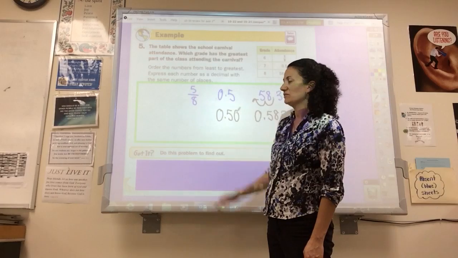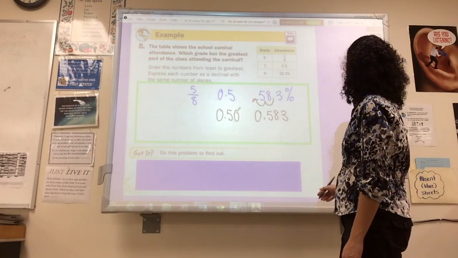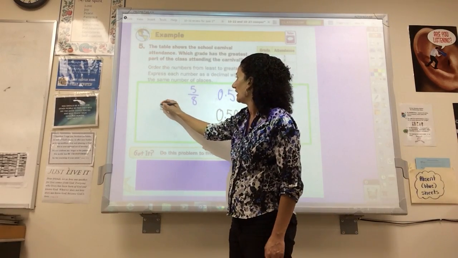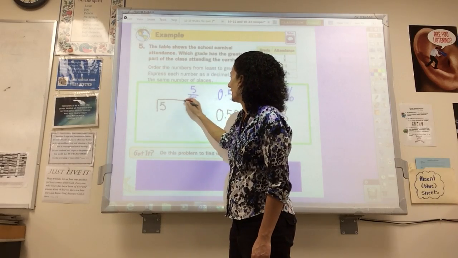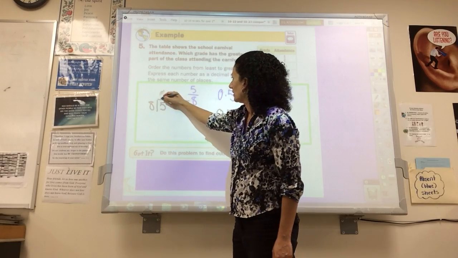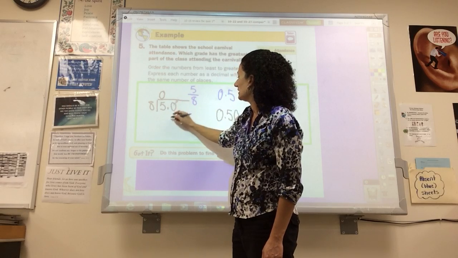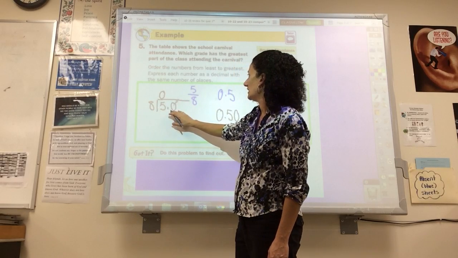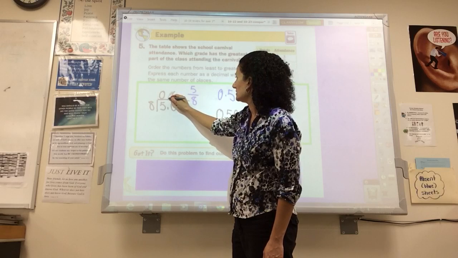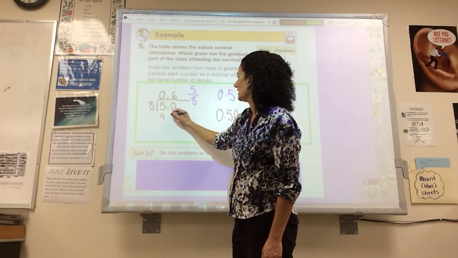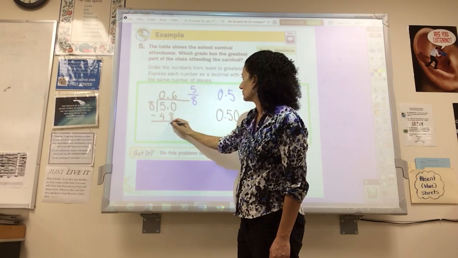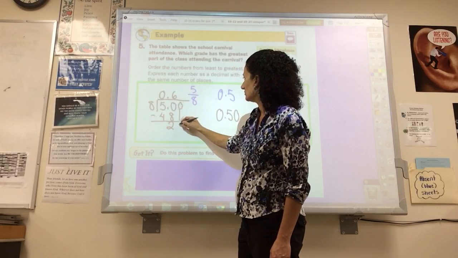This one we're going to have to divide. So right here, 5 divided by 8. Pop in my 0, my decimal here. 8 into 50, that would be 6 times. 6 times 8 is 48, with a remainder of 2. I bring down another 0.